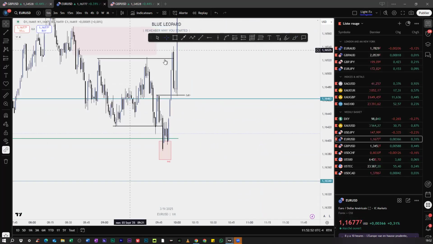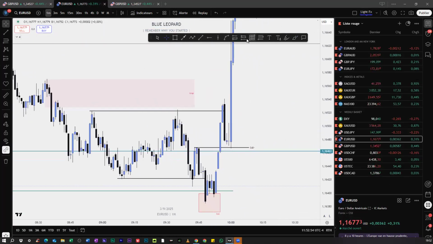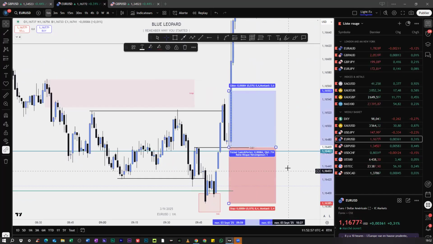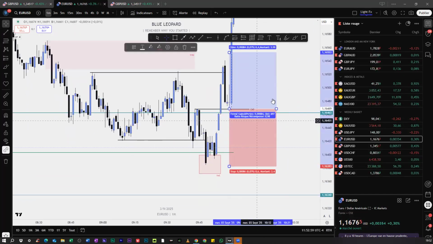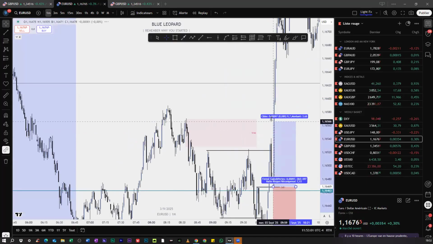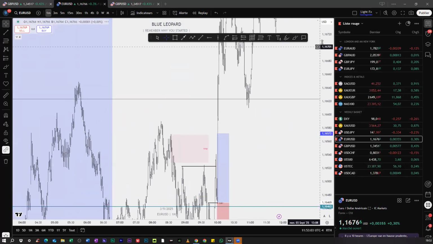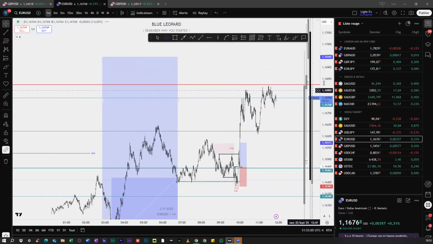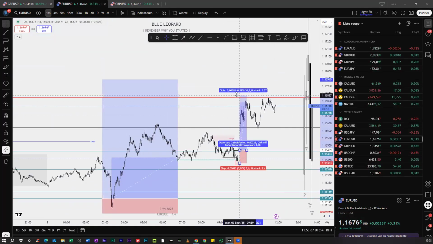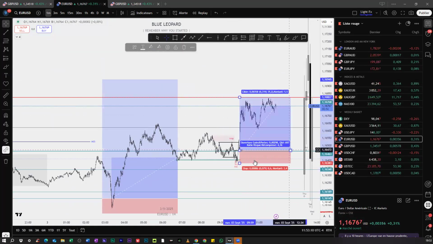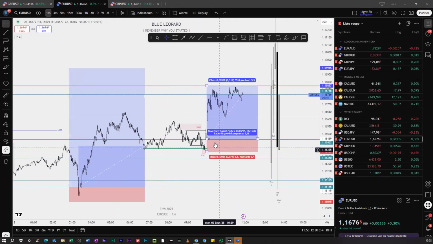And that's where exactly the price came and touched. So entry here, protected below the inducement, and we target the trap first, and then we can target our level here. So that's why I said we are already late on EURUSD.